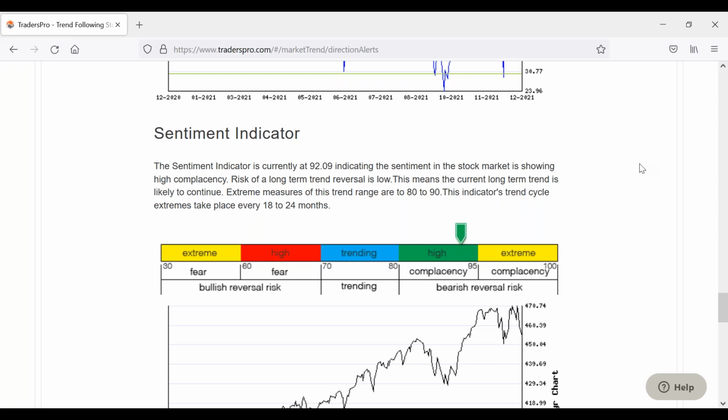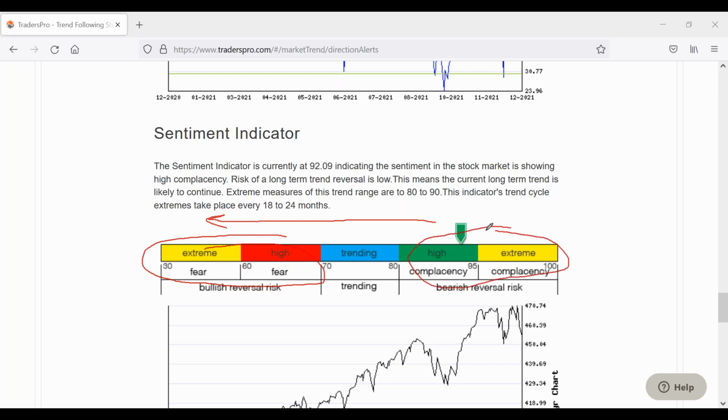Because when the big correction starts, nobody's going to believe it's going to be a big correction, and that's when it keeps just going down relentlessly. That's when the fear spikes up and people start panic selling, and that's when you see the sentiment indicator really drop over into that left side where there's fear. This is where you start to see fear in the market.